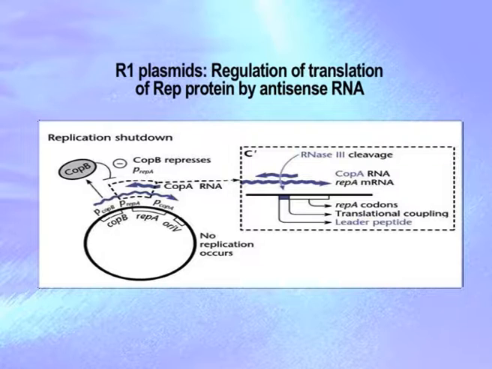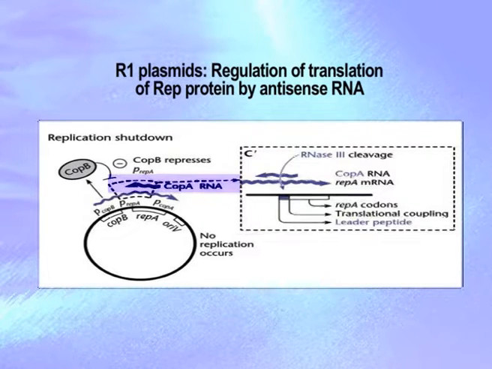But once the R1 plasmid reaches its desired copy number, then it really needs to switch off the synthesis or expression of Rep-A protein. Under such circumstances, there exists an antisense RNA which is synthesized from the complementary strand, and that is called Cop-A RNA.